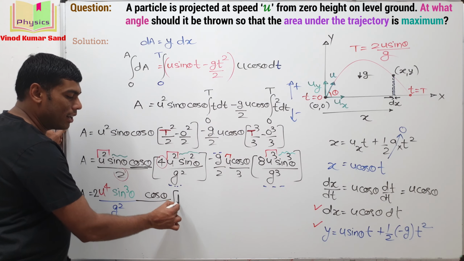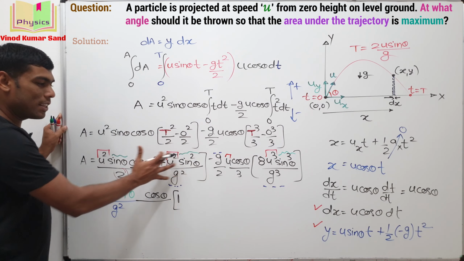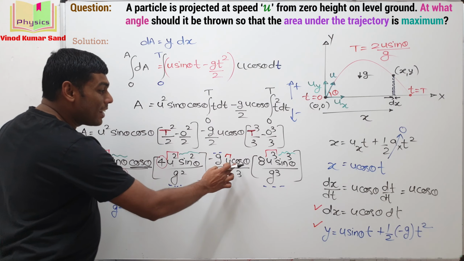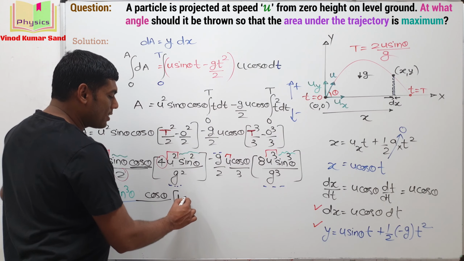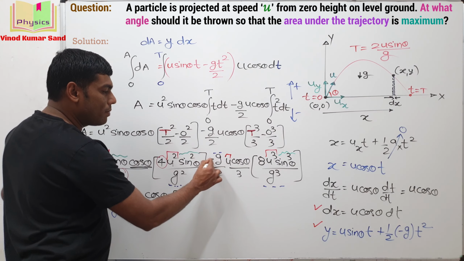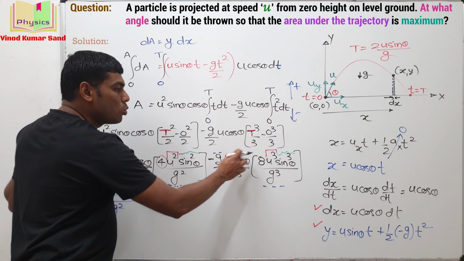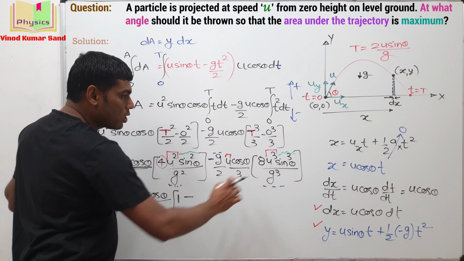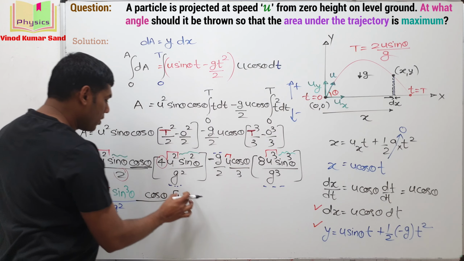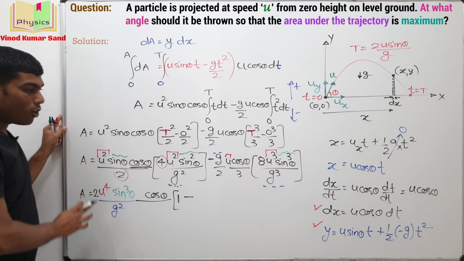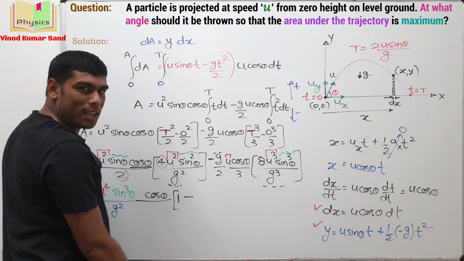Only 1. Okay, everything has been taken outside. Now I'll be simplifying the things here. Minus sign lies there. This g square has been taken common. u to power 4 has been taken outside. The sine cube theta cos theta, that also has been taken common. Can you tell what is remaining here?